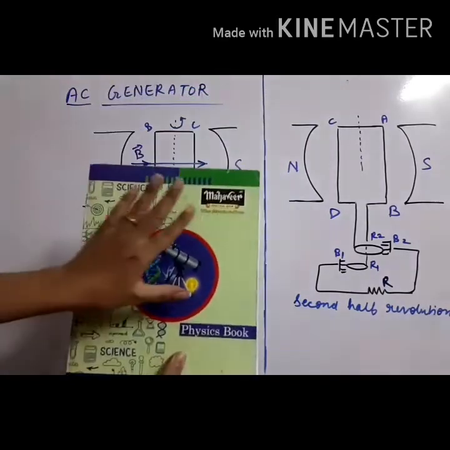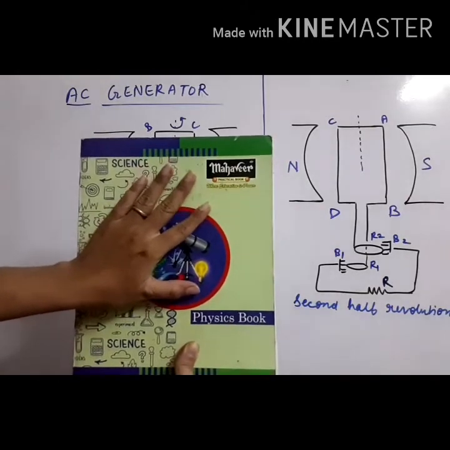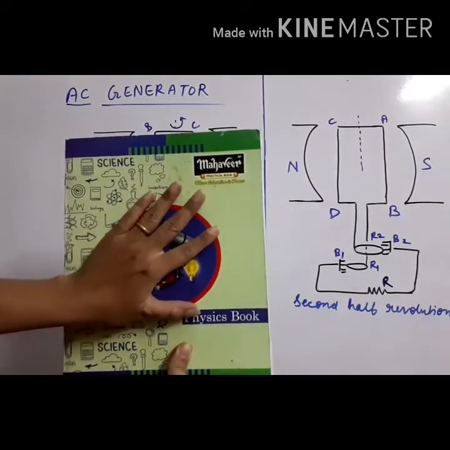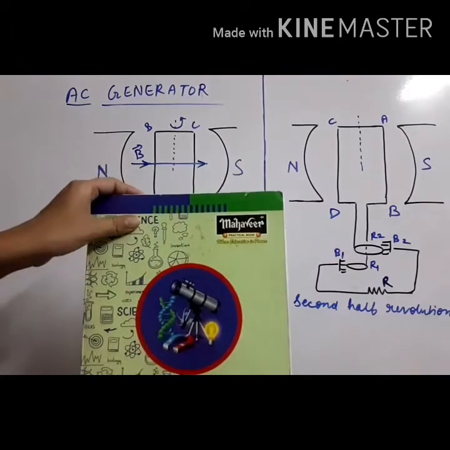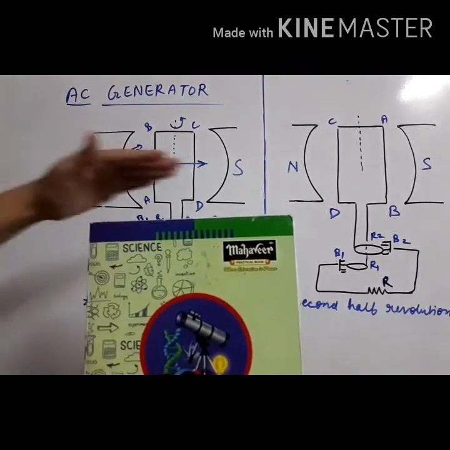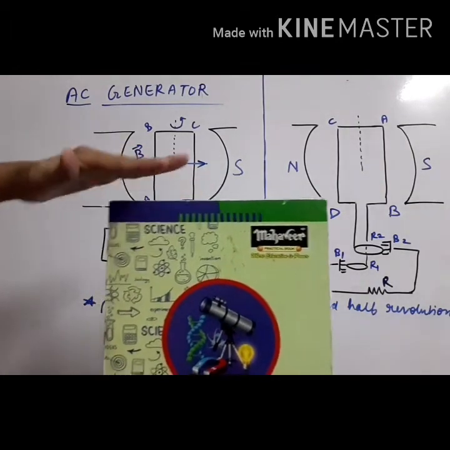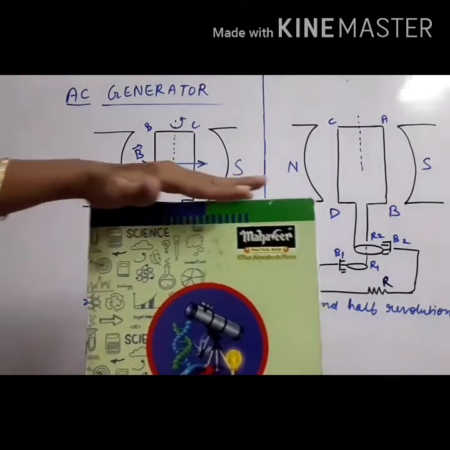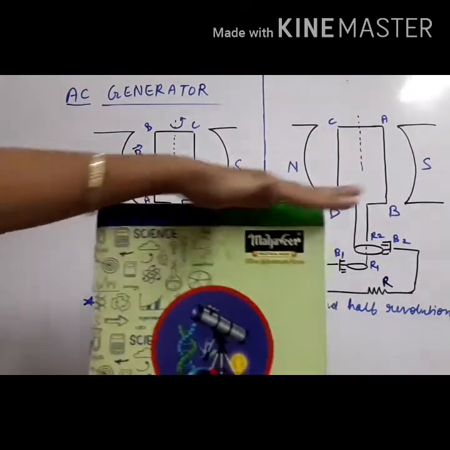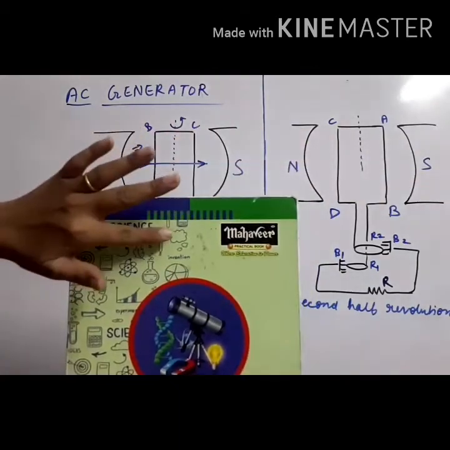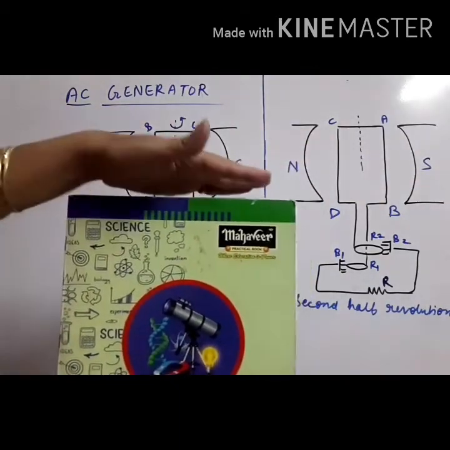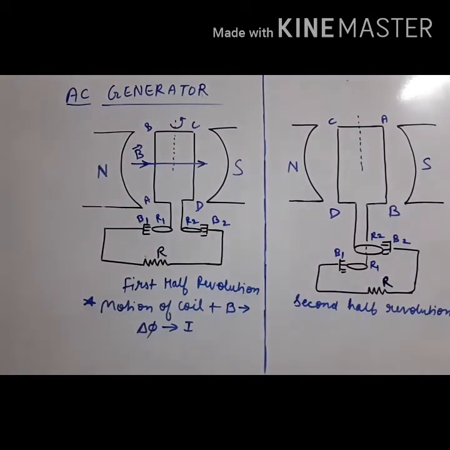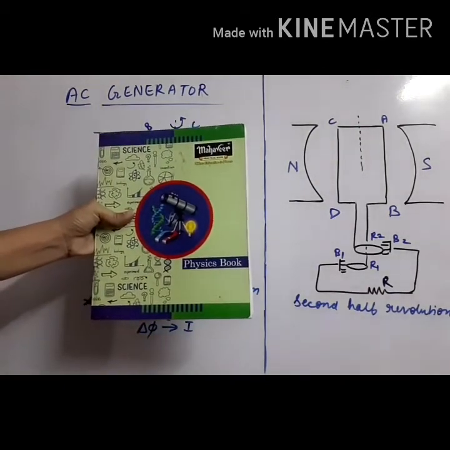So that means here no flux is present. Through this coil there is no flux. Because field lines are horizontal and this coil is kept parallel to the board, none of the field lines will cross it. The field lines will just pass in front and back of the coil without entering into it. In this case the flux is 0.